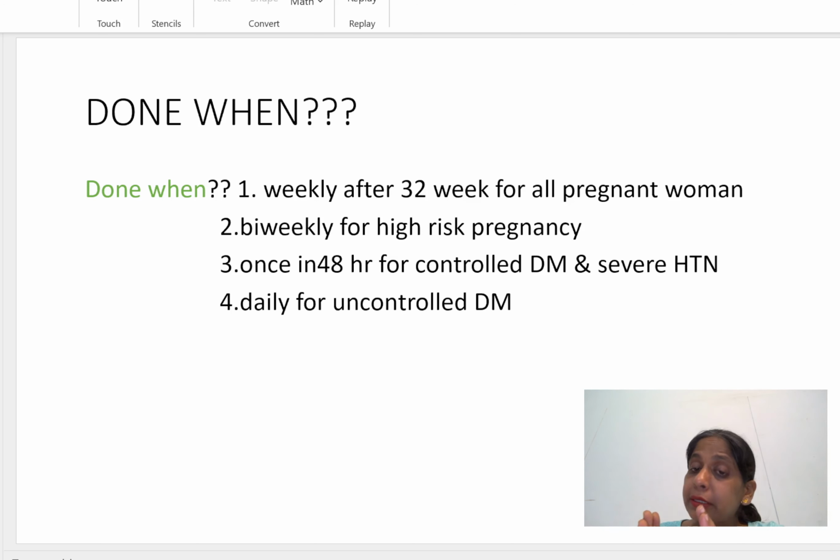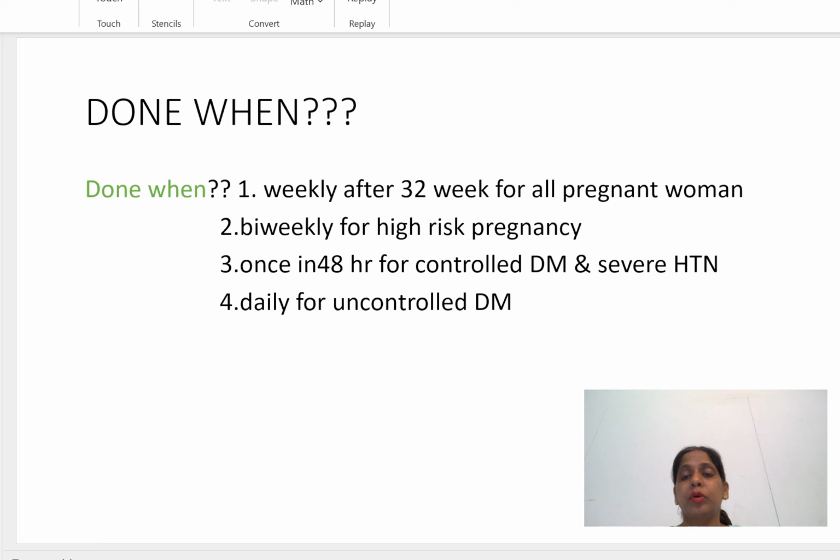If it is controlled, then we do it once every 48 hours, in both controlled diabetes mellitus and hypertension. And if it is uncontrolled diabetes mellitus, there are high chances that this fetus is going to have IUD, so we do the NST daily.